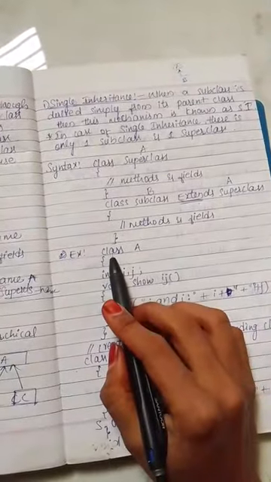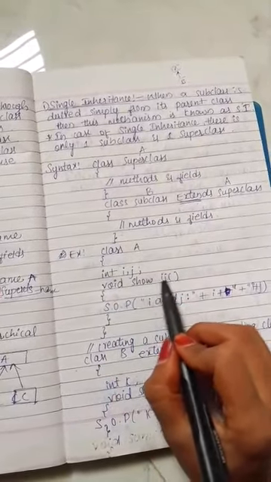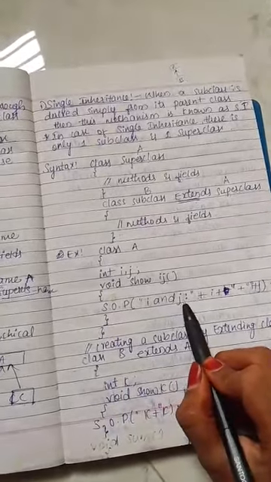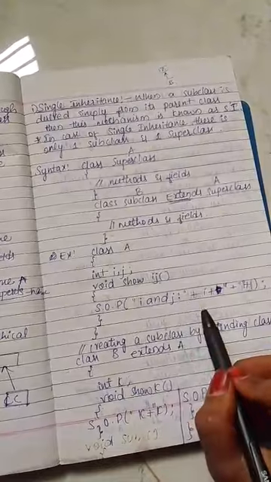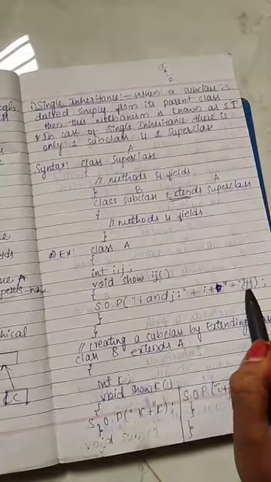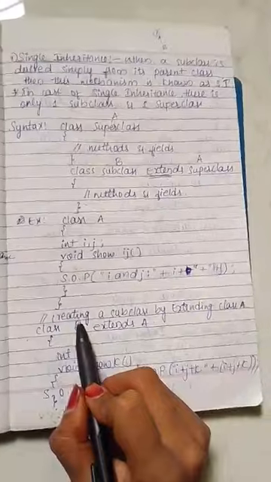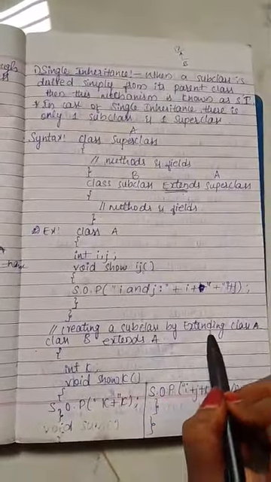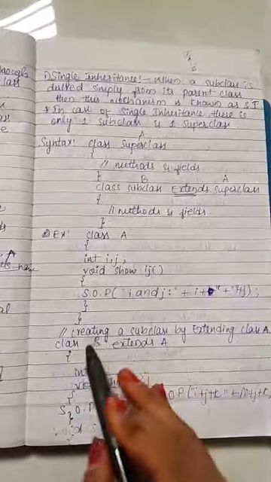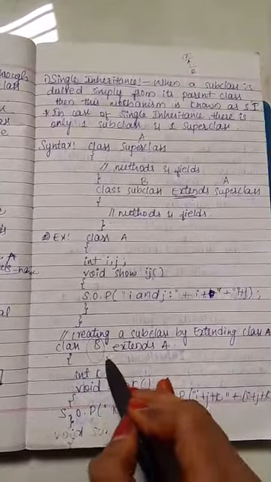When it comes to the example, class A, this is the superclass, int i, j, void show ij, System.out.println, in inverted commas, i plus j. Here we are creating a subclass by extending class A. Class B extends A. I told you B is a subclass.